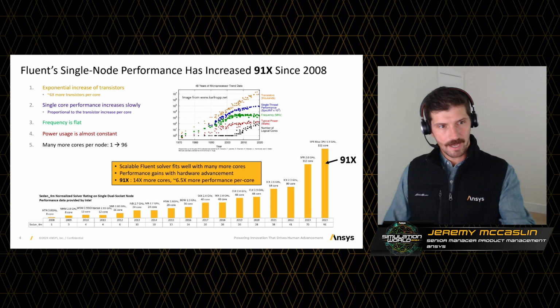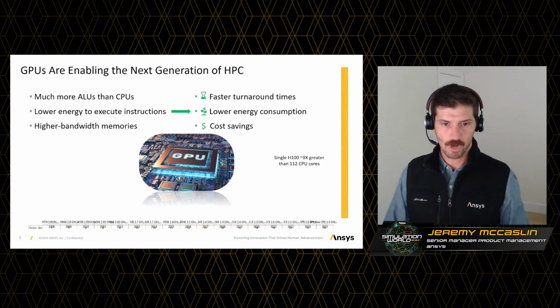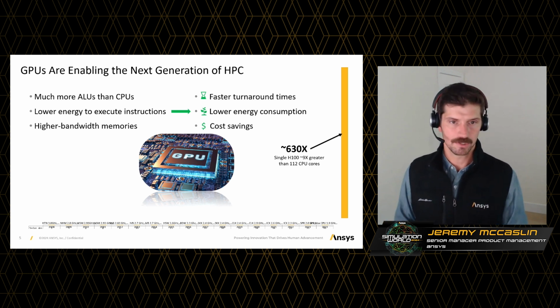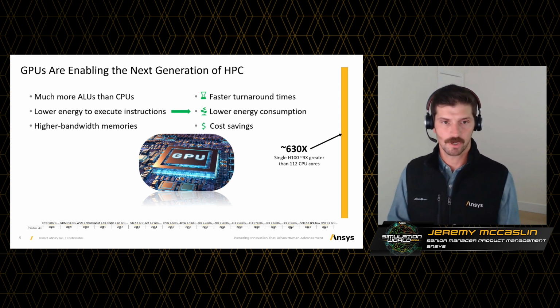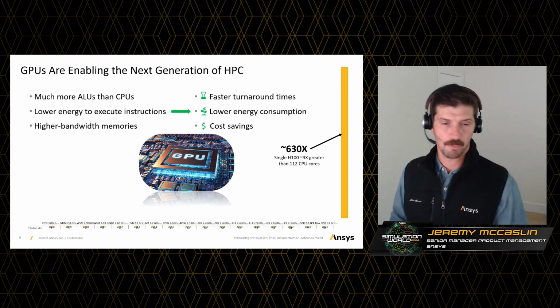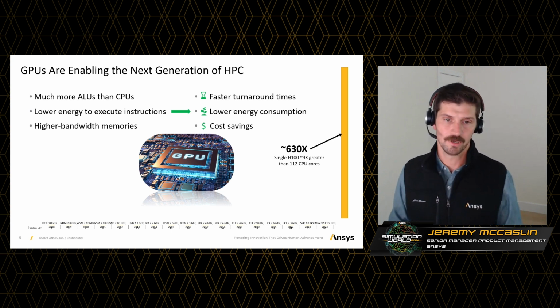I give you that as context because if we introduce GPU computing, these incredibly powerful parallel devices, they have many more ALUs than CPUs, lower energy to execute instructions, higher bandwidth memories. All that translates to faster turnaround times, lower energy consumption, lower electric power bill, right? And ultimately cost savings for the customer.